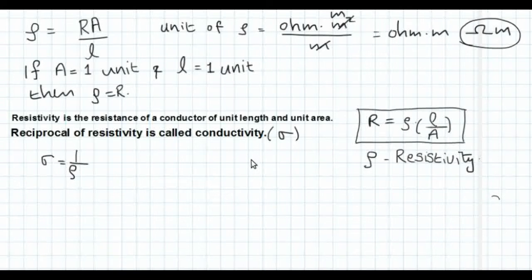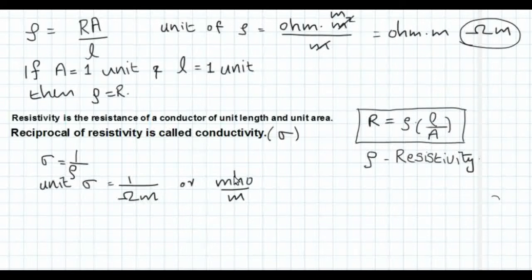Then we can find the unit of conductivity. The unit of conductivity will be the reciprocal of the unit of resistivity. That is, it is 1 by ohm meter. And what is 1 by ohm? 1 by ohm is also called mho, that we have seen.